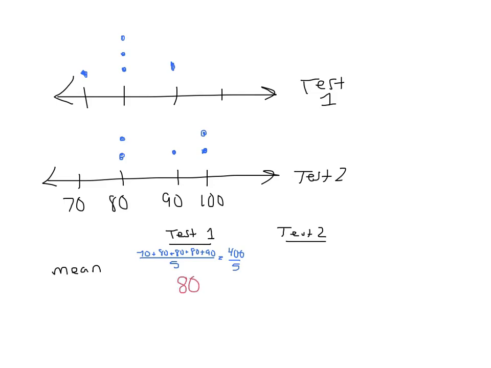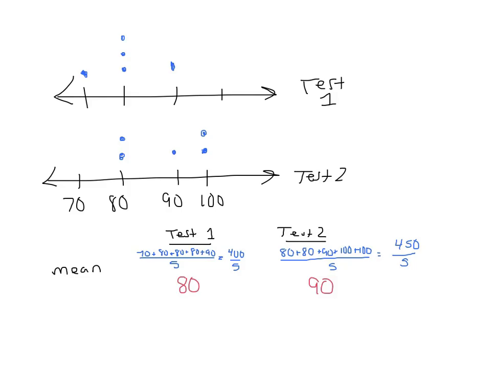What about test 2? Well, we have 2 80s, a 90, and 2 100s. And when we divide that by 5, these add up to 450. And when we divide that by 5, we get 90. So the means are 80 and 90.